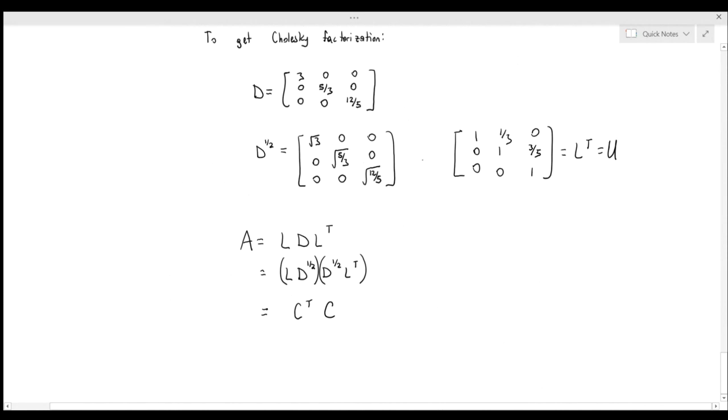So I want to multiply these two matrices together in order to get the matrix C that we need for the Cholesky factorization.